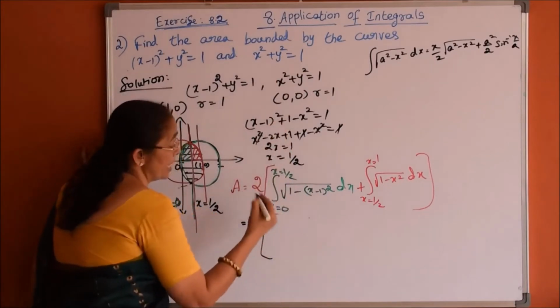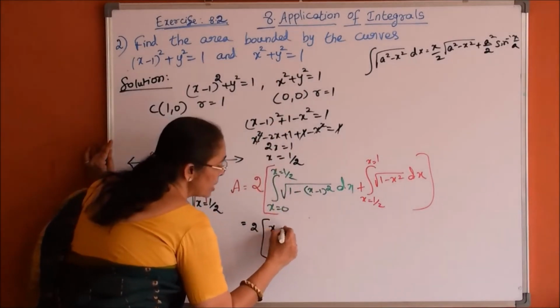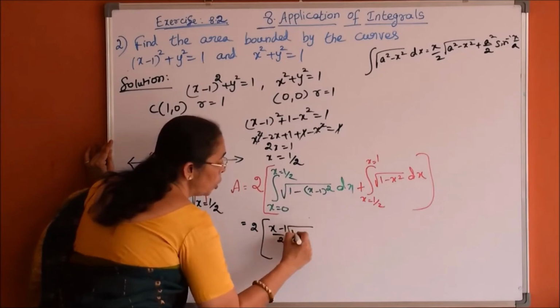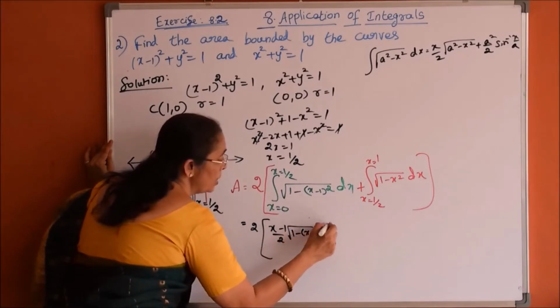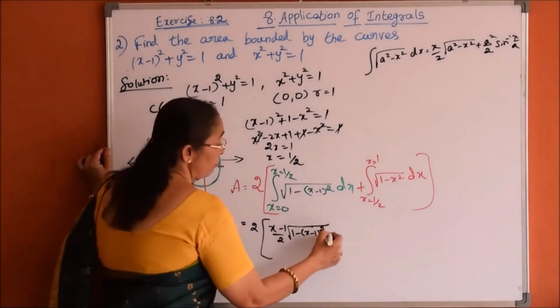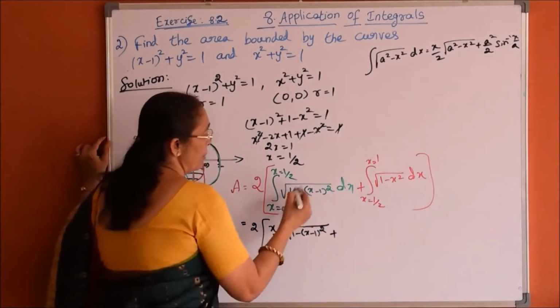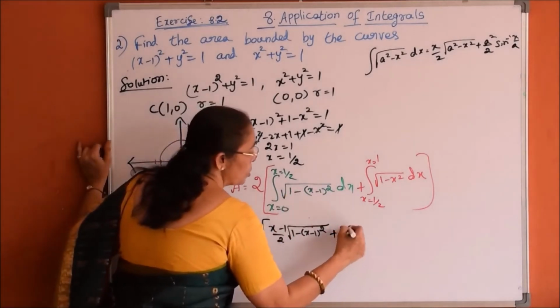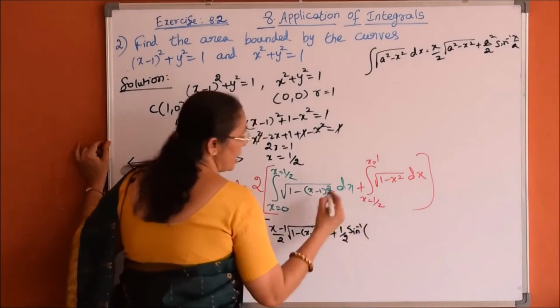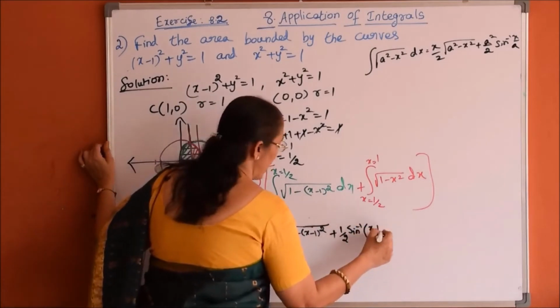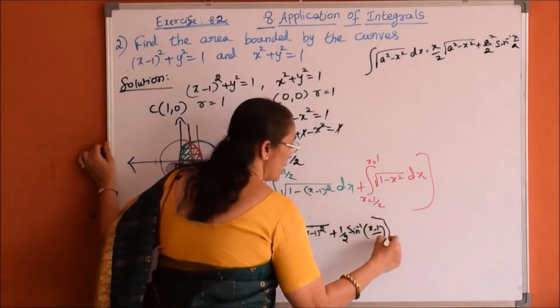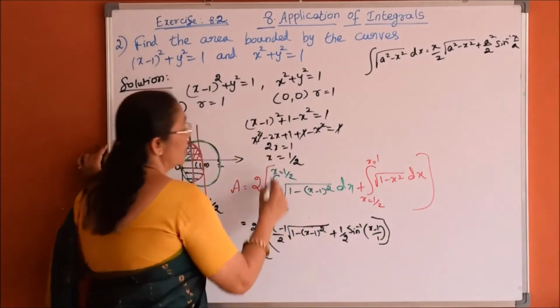So x minus 1 by 2 root over 1 minus x minus 1 whole square plus a square by 2, that is 1 by 2, sine inverse of x minus 1 by 1, and the limits are from 0 to half.